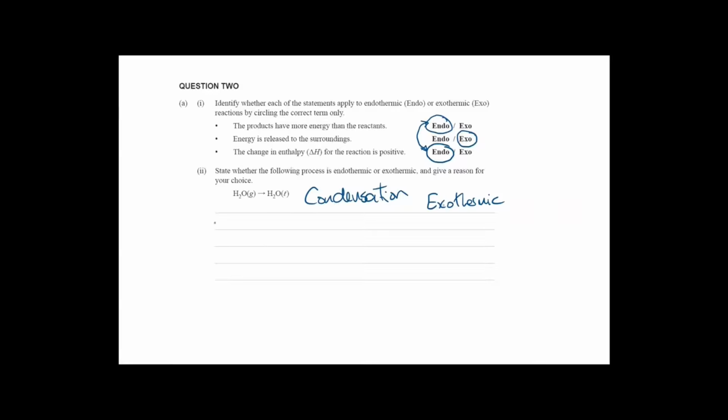So this is exothermic, and the reason that it is exothermic is that the gas has more energy. Think of the molecules of water as atoms. Here the gases are apart, and here they're fused together. It has more kinetic energy than the liquid.